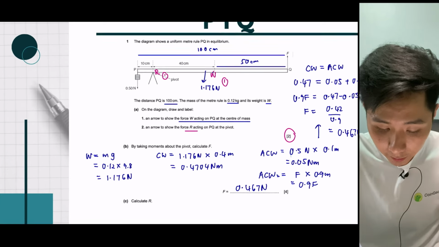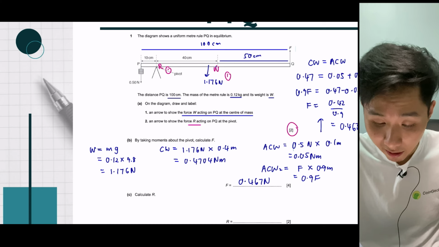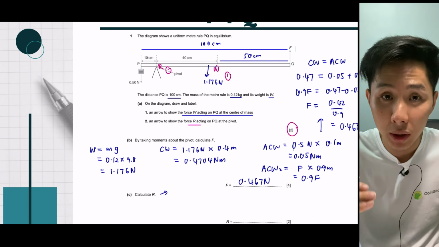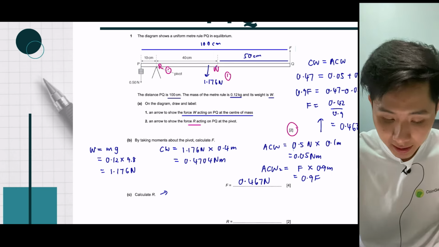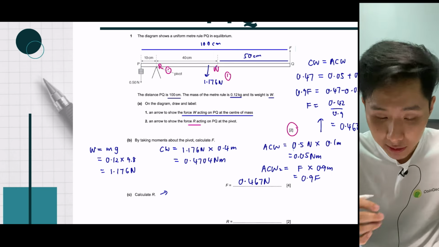All right, so the next question asks us to calculate what is R. Because they are in equilibrium, we assume that the downward and upward forces are the same. So in order to calculate R, we need to calculate the total downward force.